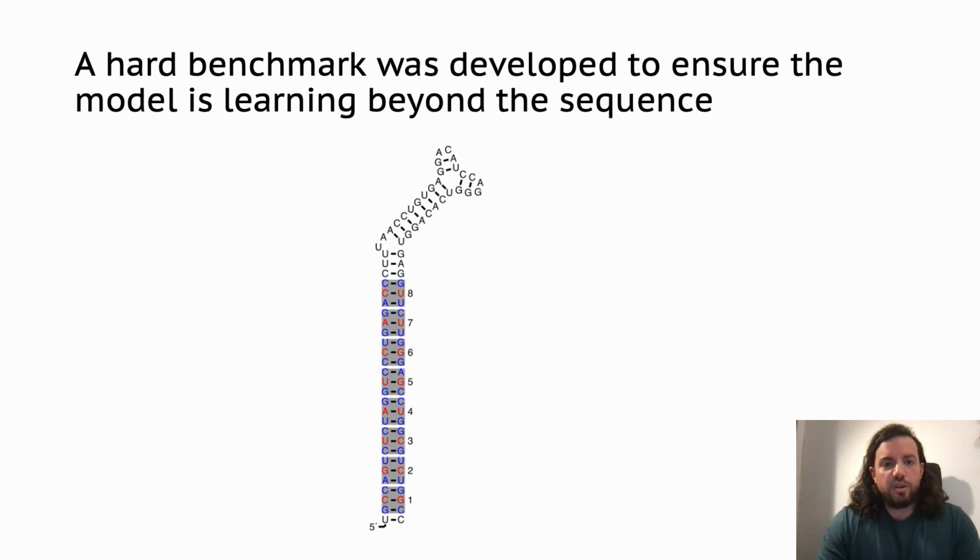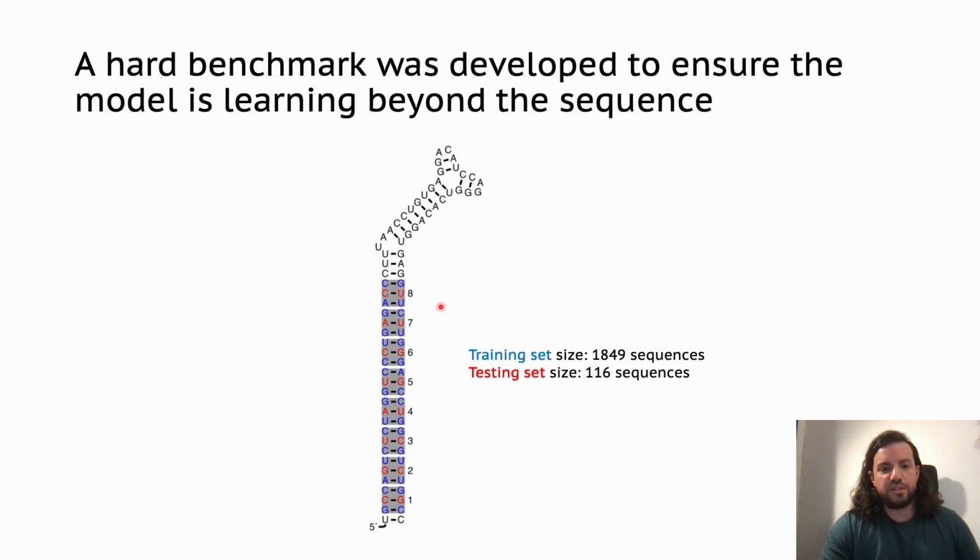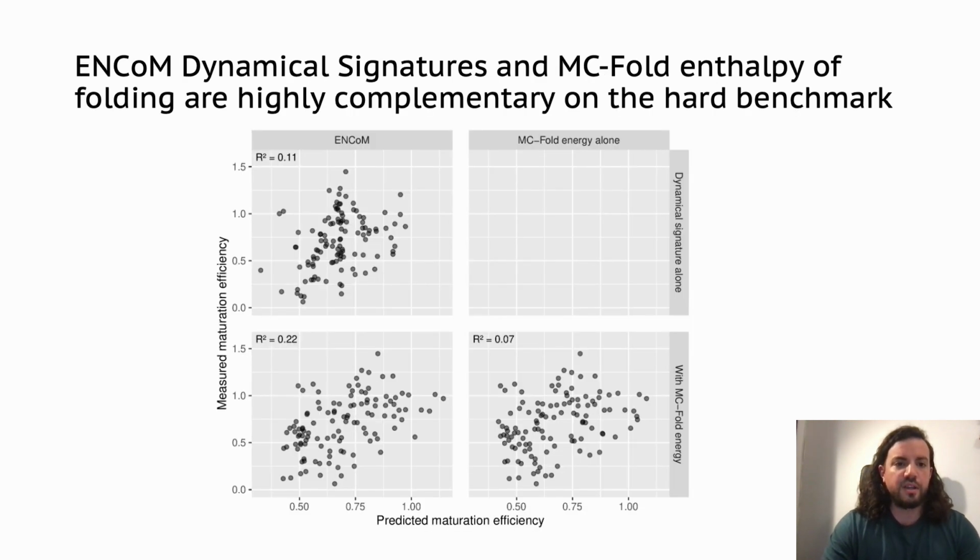And we use a hard benchmark for this to ensure the model is learning beyond the sequence. Because boxes of 6 nucleotides are mutated at once, there is a lot of sequence redundancy in the dataset. So each base pair there in red is included in the testing set, and each mutation that affects only the base pairs in blue is included in the training set. So this gives us this hard benchmark of this size.